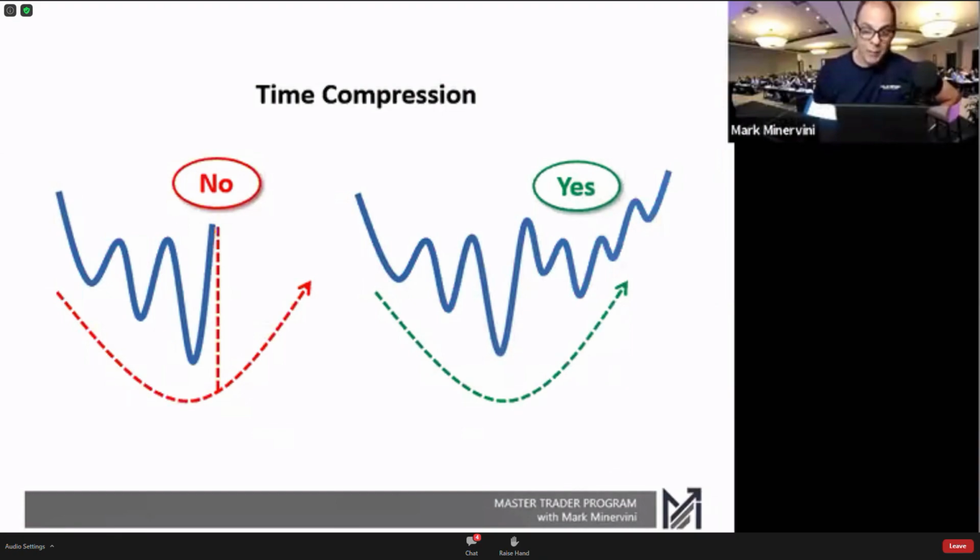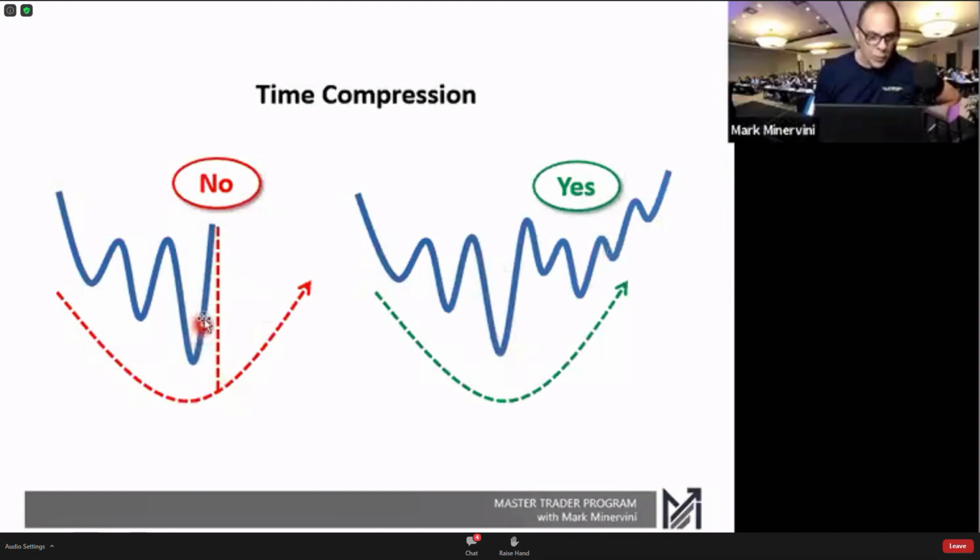Now, time compression, and again, a lot of these terms are my own. You're not going to hear these anywhere else, or at least if you do, there's somebody who's talking about my work. But time compression is, think of it as if you took the chart and you pushed that side. You push the chart this way and you squish from right to left, and you didn't give it the time to develop that right side.